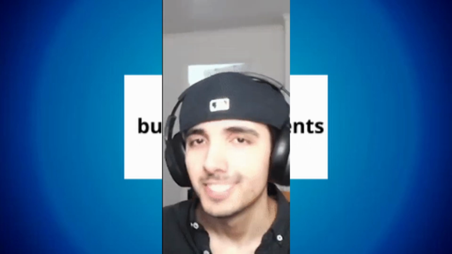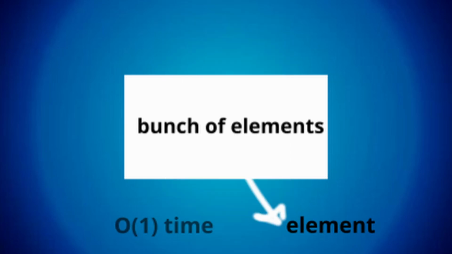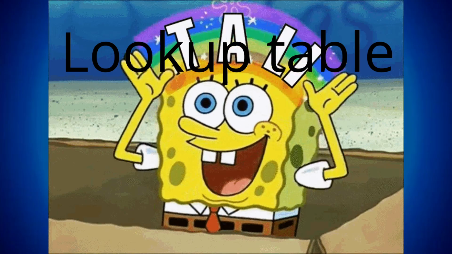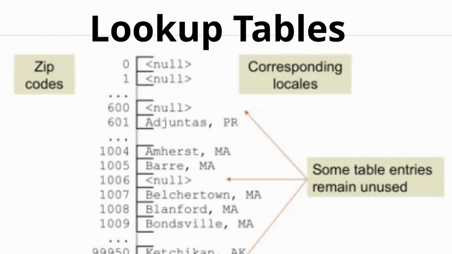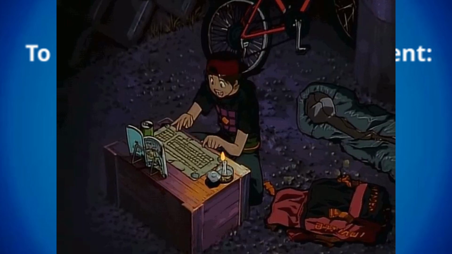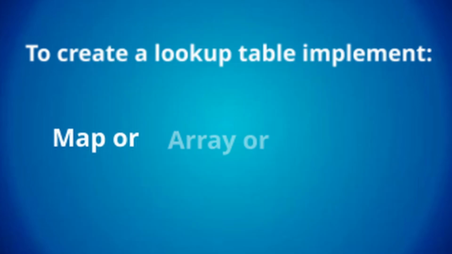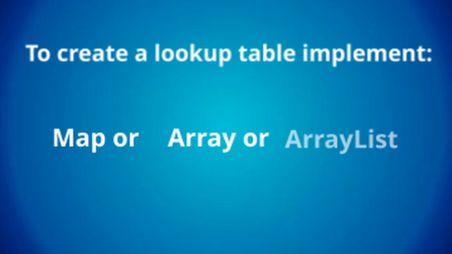So, you need to store a bunch of elements, and you just want to directly get them all at one time, basically. What do you need to store it in? You need a lookup table ASAP. So let's talk about it. You either implement a map or an array or even an array list.